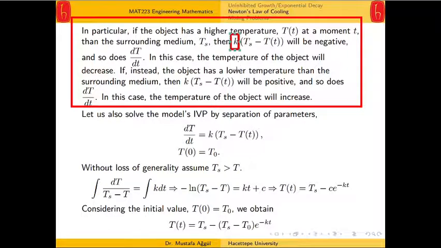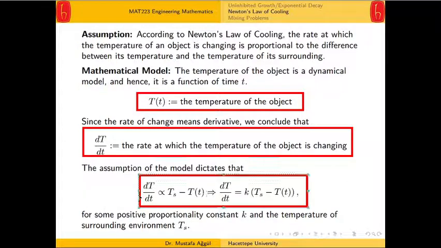Let's go back to the equation again and discuss it here. If the object is hotter than the surrounding environment, if its temperature is more than the surrounding environment, then the surrounding environment minus the temperature of the object will be a negative number, and k is positive.